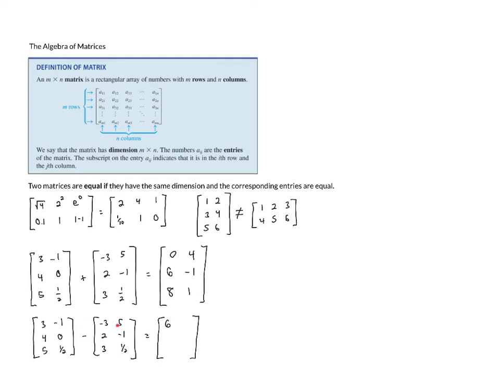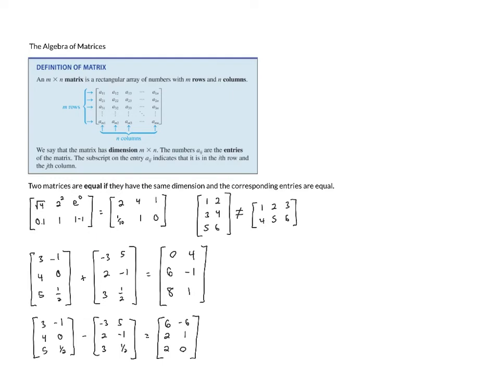We've got negative 1 minus 5, which gives us negative 6. We've got 4 minus 2, which gives us 2. 0 minus negative 1 is the same as 0 plus 1, which is 1. 5 minus 3 gives us 2. And then 1/2 minus 1/2 gives us 0. So these are examples of adding and subtracting two matrices together.